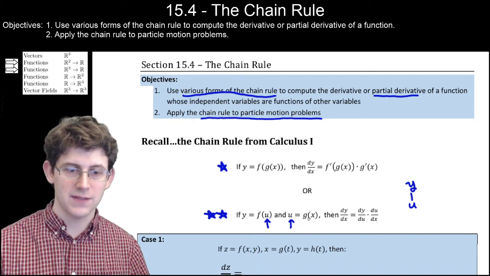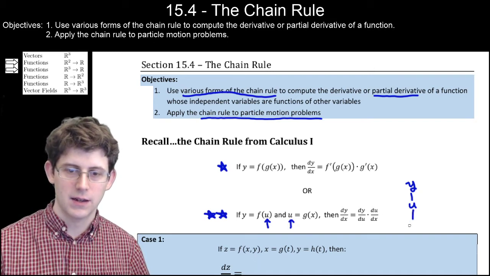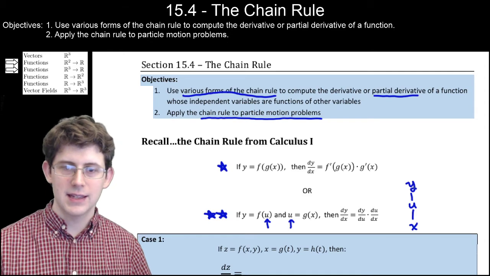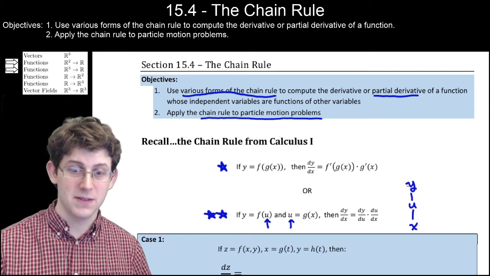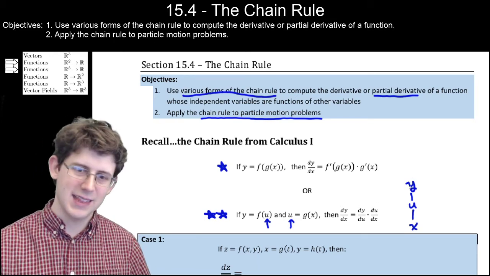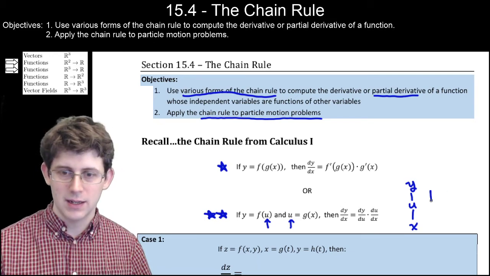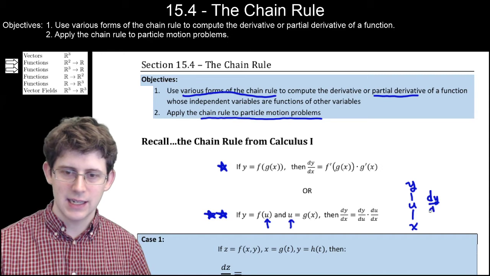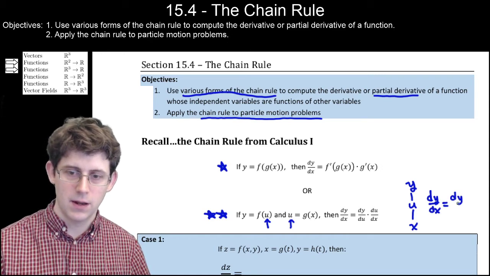And then u is a function of x. If you want to find the derivative of the top variable with respect to the bottom variable, that path goes through u. So dy/dx is dy/du times du/dx.